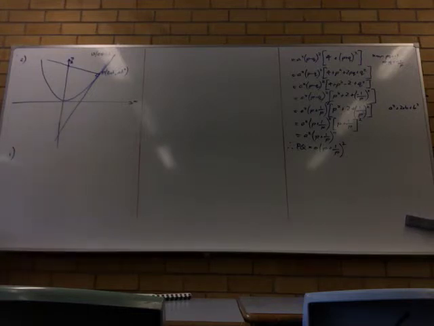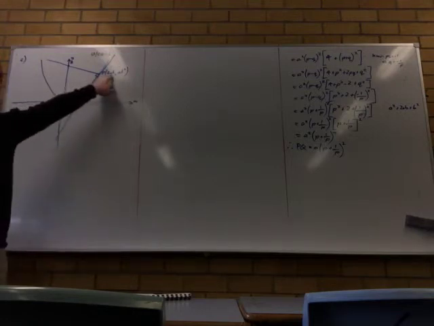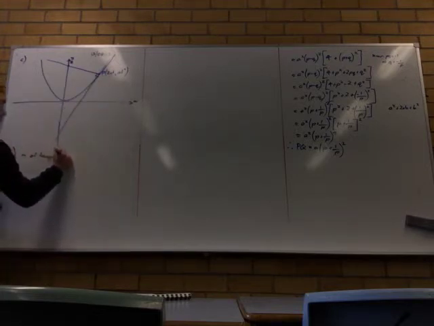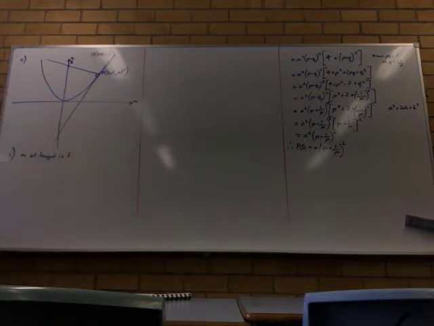So what is the gradient of the tangent? In this case, T. Okay, so gradient of tangent is T. Remember we can't just assume that, we have to go through calculus and derive it.